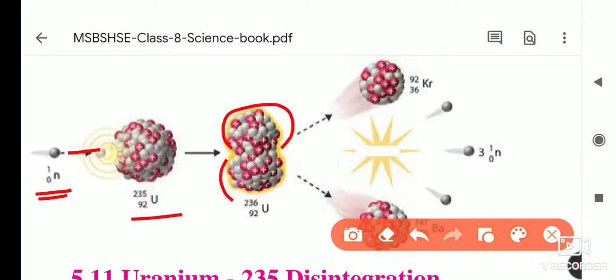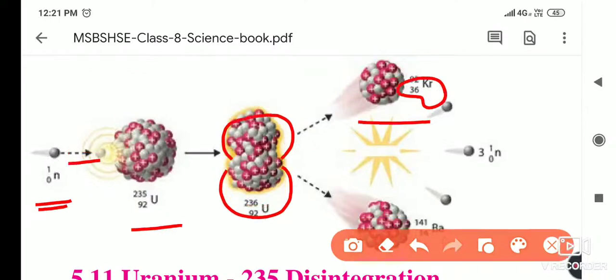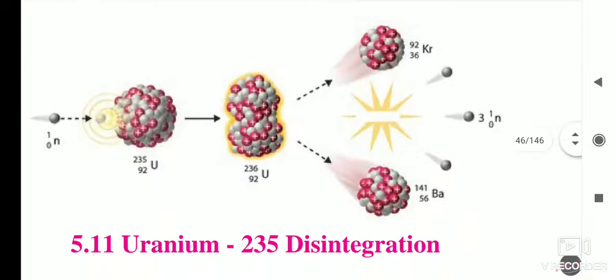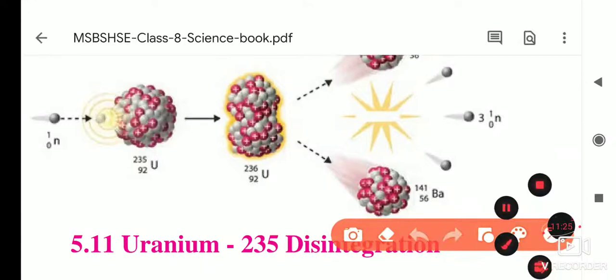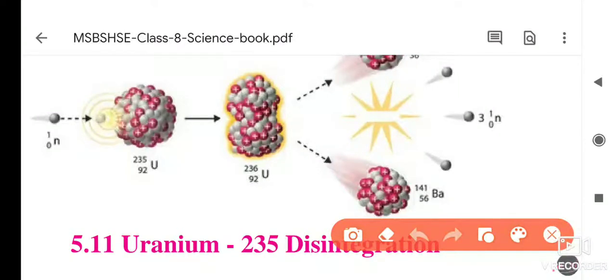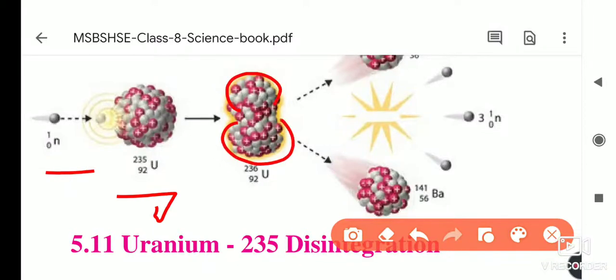If you see here, the nuclear fission takes place, and it produces two elements, krypton-92, written here, and here downside, barium-141. These two elements are formed. What I told you, on one atom of uranium-235, when we bombard it with one neutron, its nucleus undergoes fission.